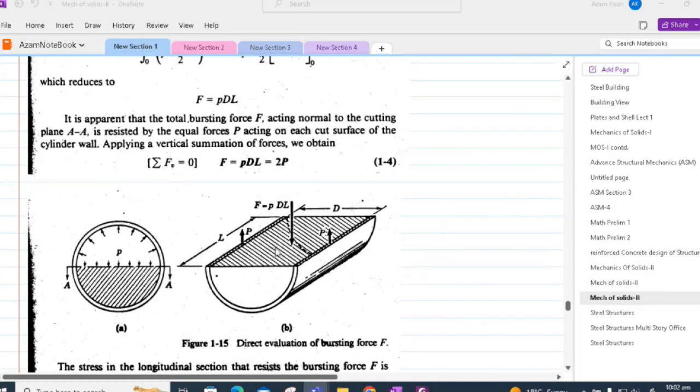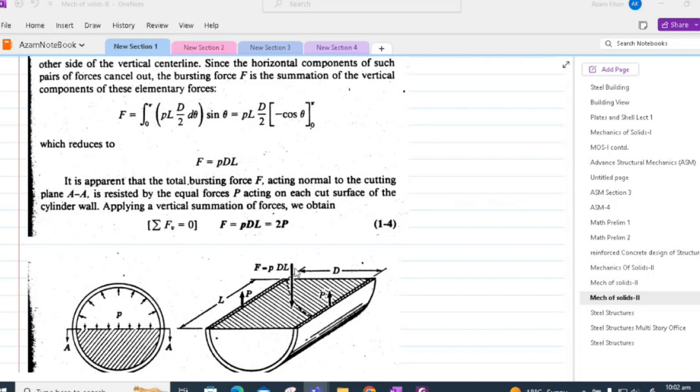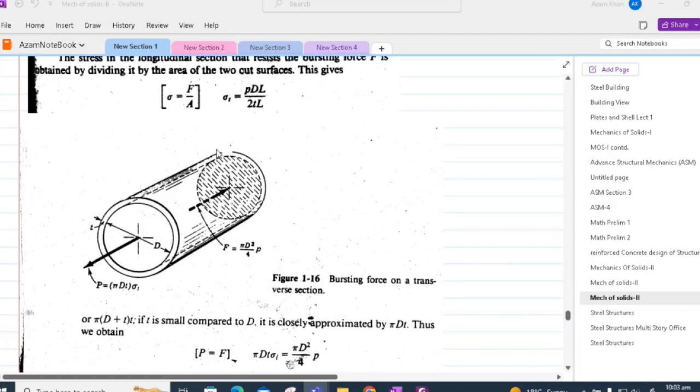Now, one important thing to appreciate in this formula is that the bursting force F might be acting on the whole semicircle, but its magnitude is equal to the pressure times the normal area of the cutting plane, i.e., the area d times L. In a similar manner, the normal area for this transverse section will be equal to pi d squared by 4 times p.